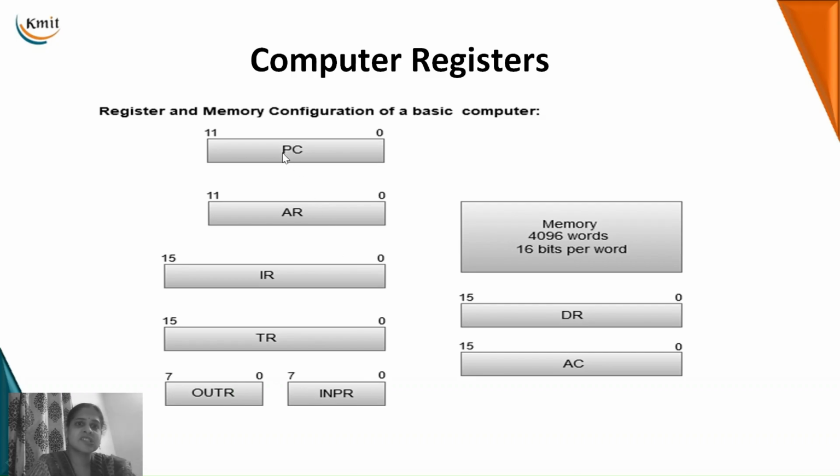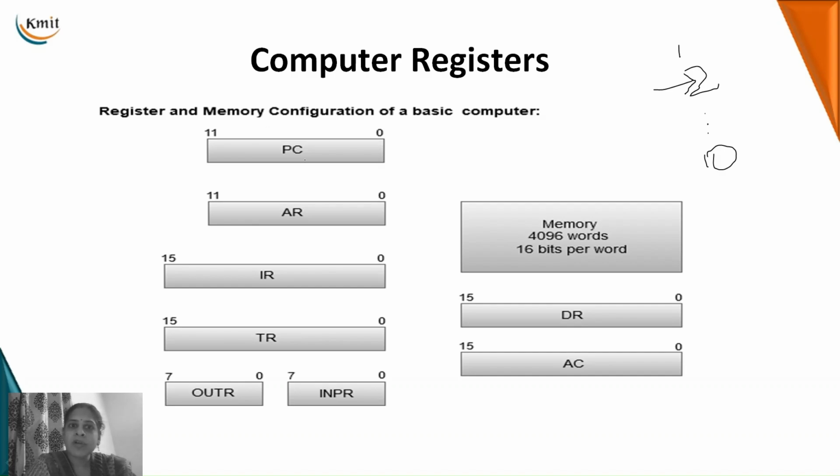Coming to the first register, the program counter. The program counter points to the address of the next instruction that has to be executed by the CPU. Say, for example, I have a program which contains 10 instructions, and the CPU is initially executing instruction 2.